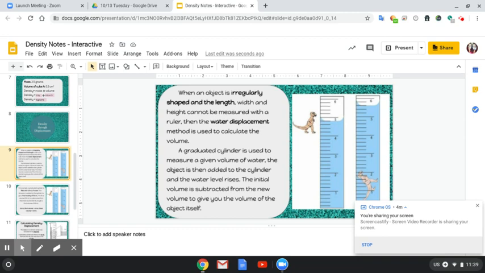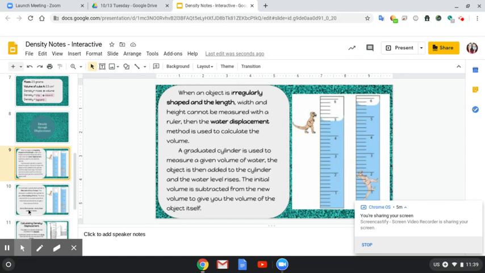So a graduated cylinder is used to measure a given volume of water. The object is then added to the cylinder. So we took the dinosaur, we put him into the graduated cylinder, and the water level rose. So the initial volume is subtracted from the new volume to give you what the actual object is for volume.